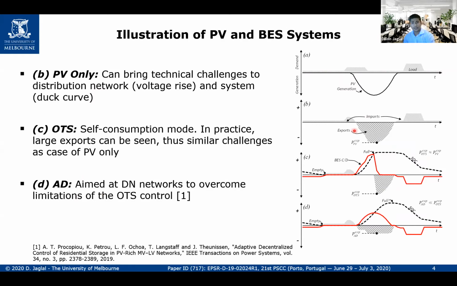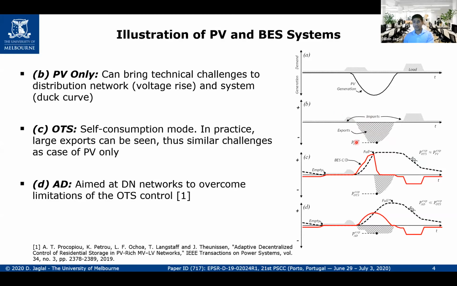You can see that because of the small load demand, the PV is being exported into the grid. And we know that these exports can cause some technical challenges to the distribution network. For example, they can cause voltage rise, and then when adopted on a mass scale, they can cause system-level impacts such as the duck curve we just discussed.